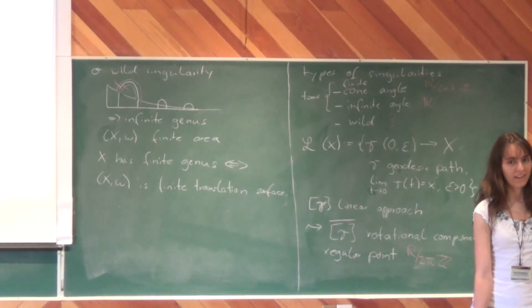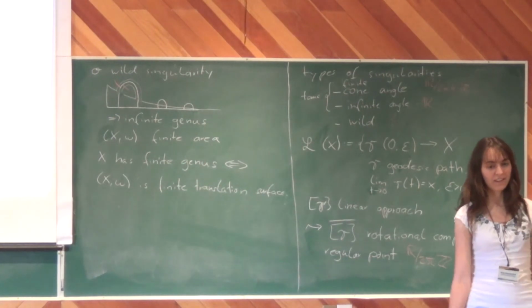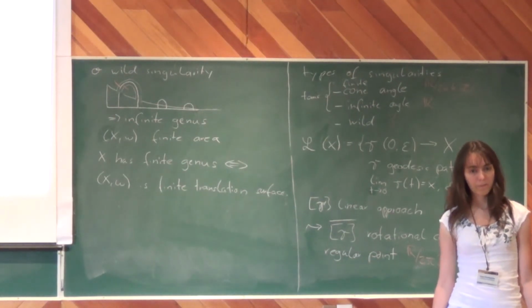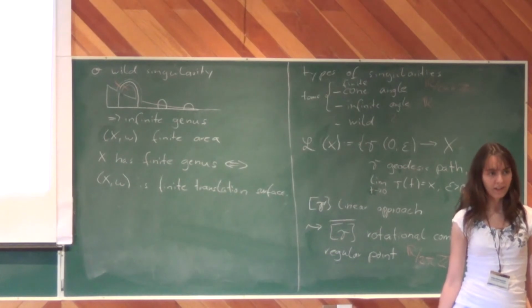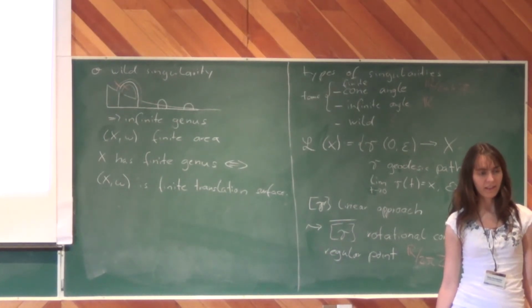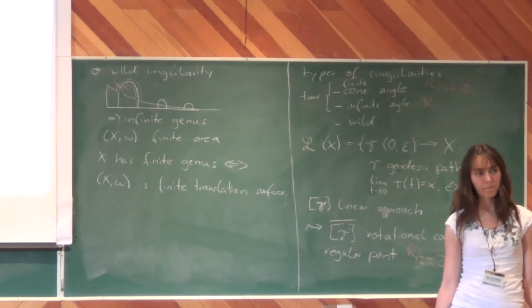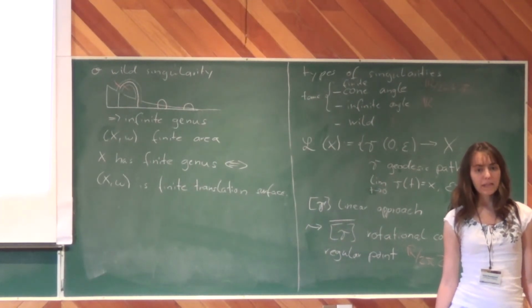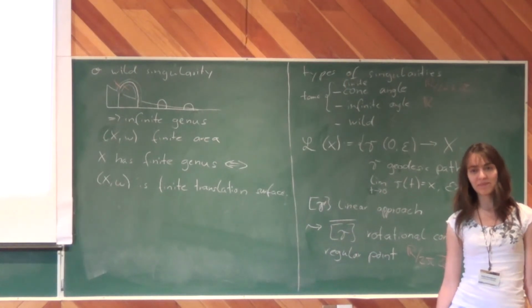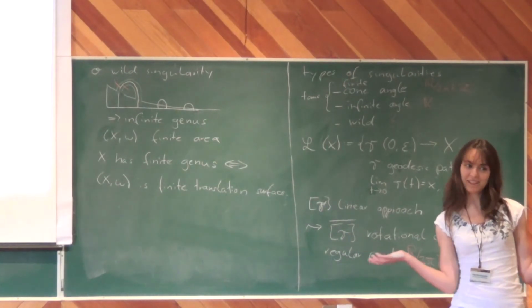For example, a collection of linear approaches which are dense, so that the rotational component is somehow adding a lot more. Like maybe a translation surface where every rational direction is a linear approach but no irrational direction. It shouldn't exist, but I don't know.